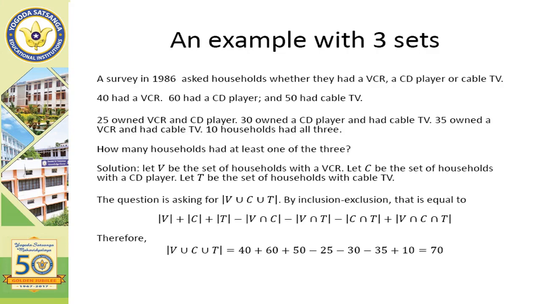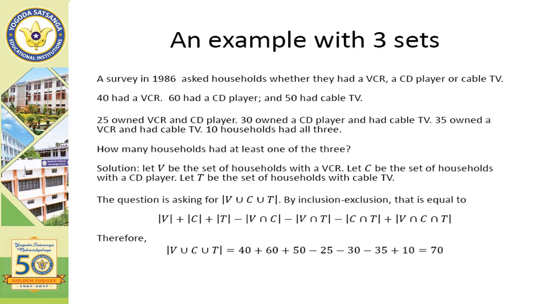So using the addition principle, cardinality of B plus cardinality of C plus cardinality of D, where B is the set holding VCRs, C holding CD players, and D the households holding cable TV.